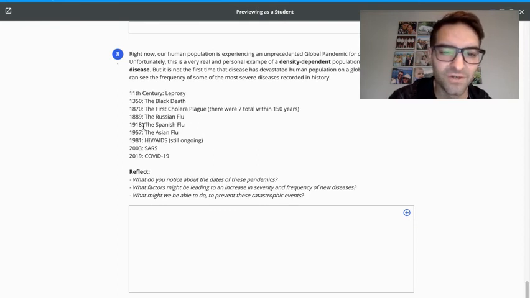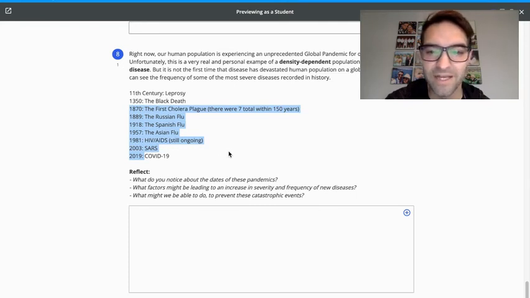And so when you're looking at this pattern, really from 1870 through today, there's been a major pandemic almost every 20 years, give or take a few years. And these are the ones that were most devastating in world history, and they're all clumped here.